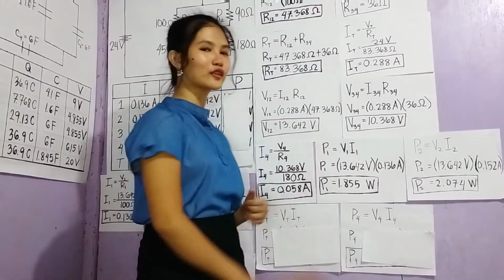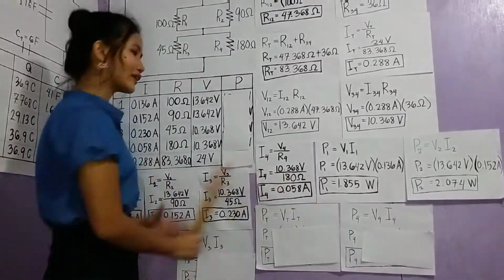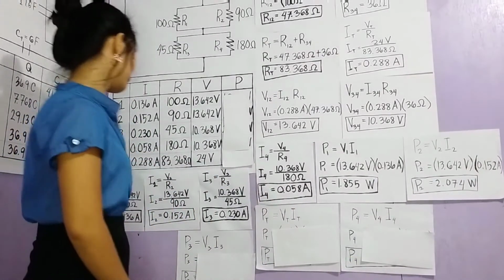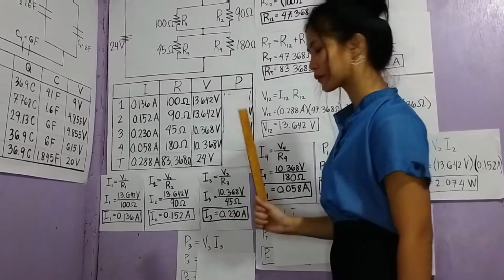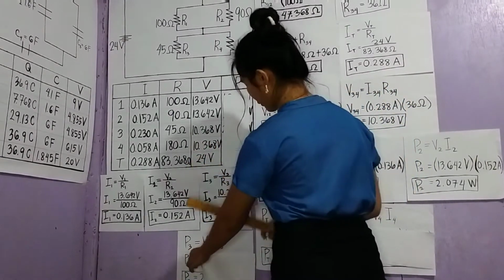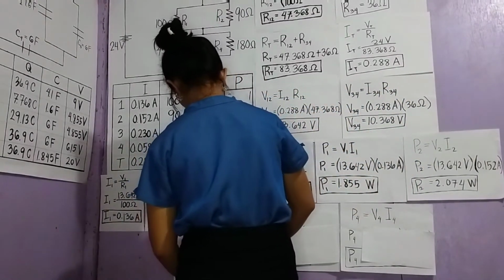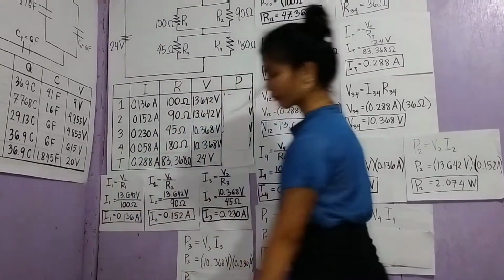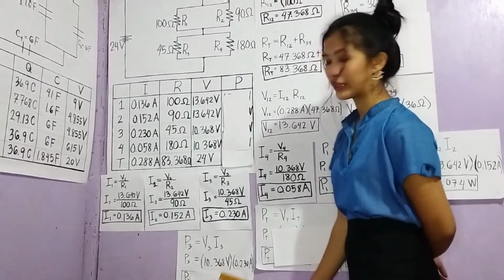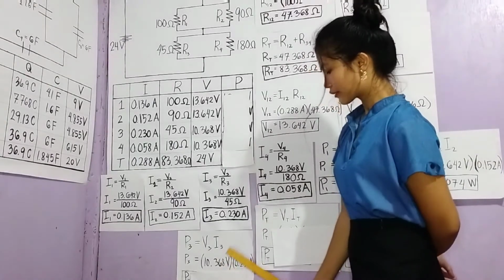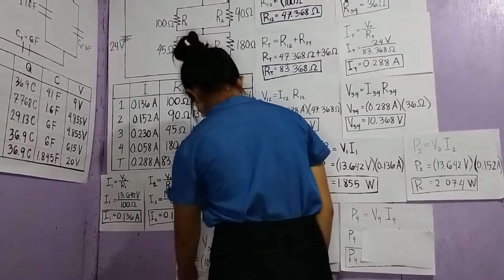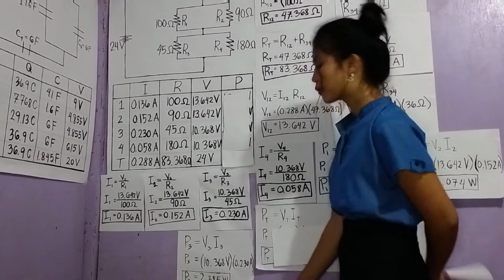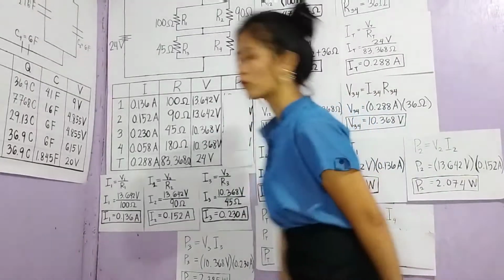Next, we're going to solve for P3, the same formula again. P3 is equal to V3 times I3, and putting down their values, we have 10.368 volts times 0.230 amp, which using the calculator is 2.385 watts.